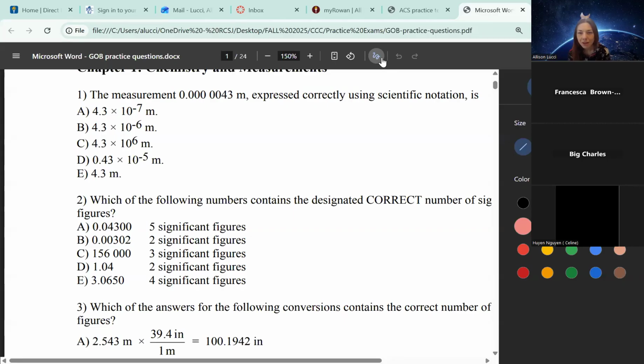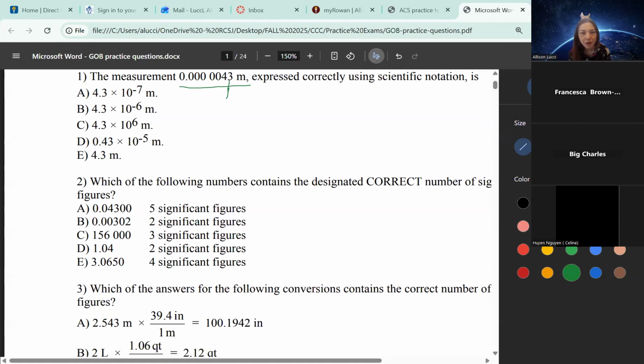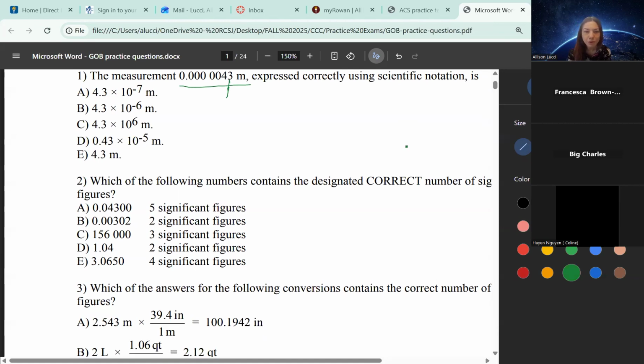So a question like number 1 here, we're asked to express this in scientific notation. So if you recall, when we have a number here, this is our standard notation. To get it into scientific notation, we have to get behind this first non-zero digit. Oh, it's moving the whole screen there.